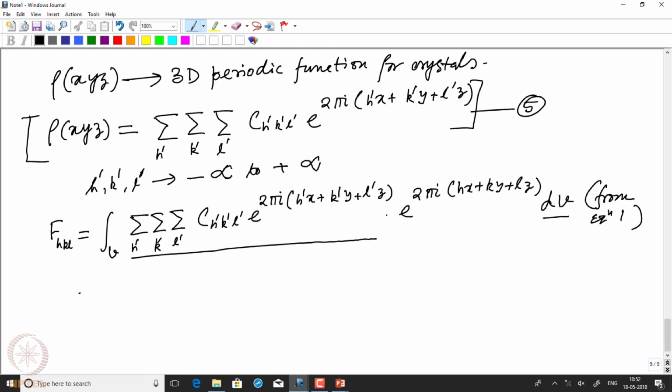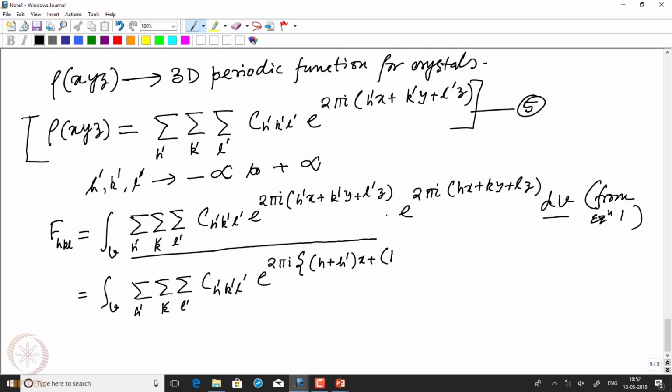So we can write this as the integral over V of the sum over h prime, sum over k prime, sum over l prime of c h prime k prime l prime e to the power 2 pi i ((h plus h prime) x plus (k plus k prime) y plus (l plus l prime) z) dV.